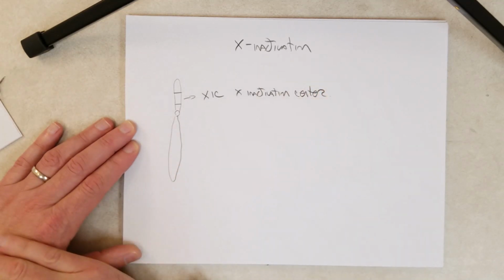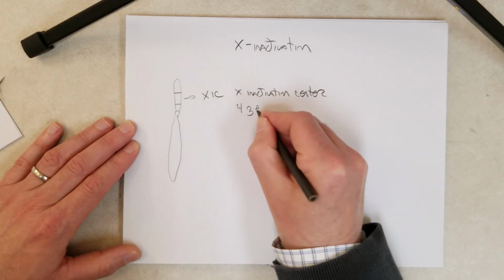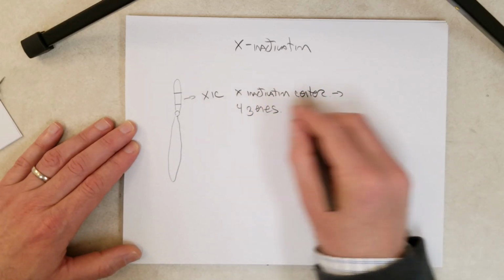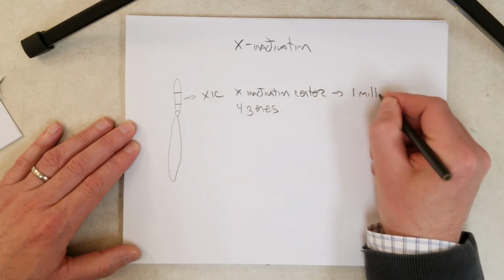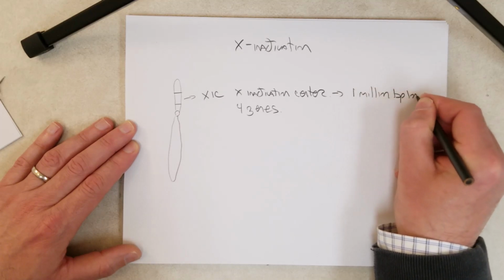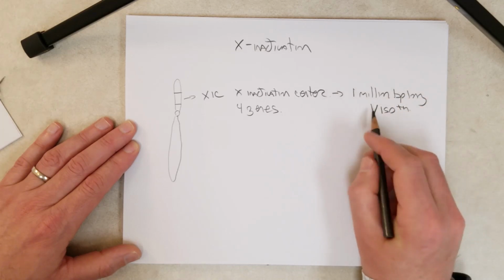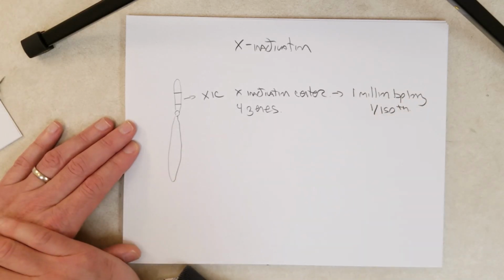Now the X inactivation center has 4 genes. The whole center is about 1 million base pairs long. So 1/150th of the X chromosome, because we saw in a previous video the human X chromosome is 150 million bases long.